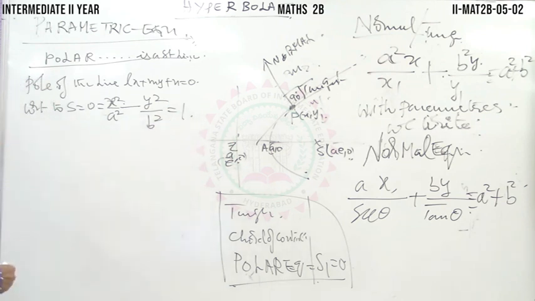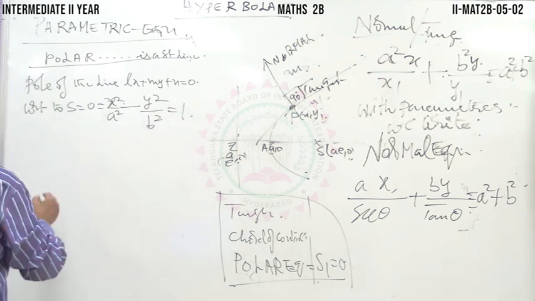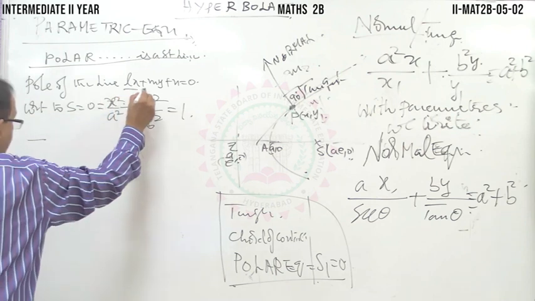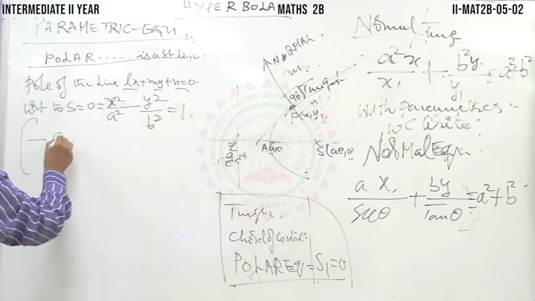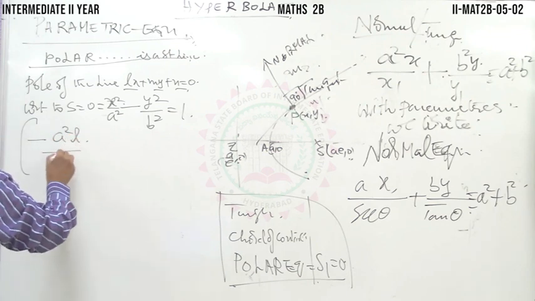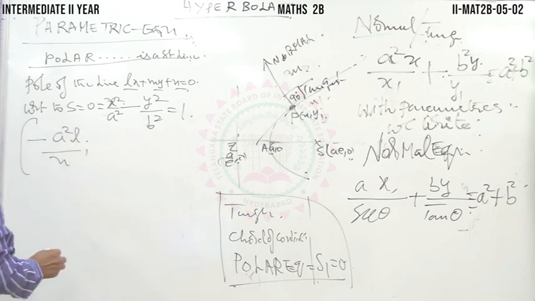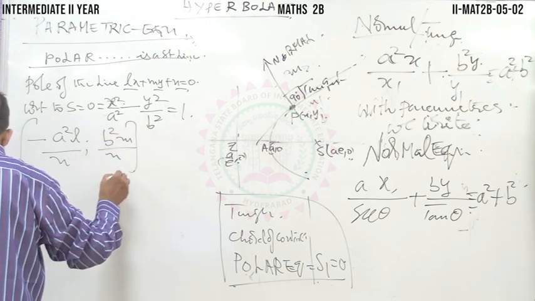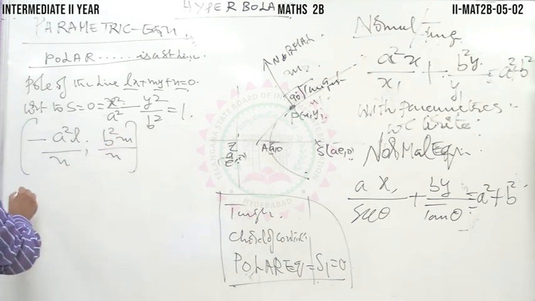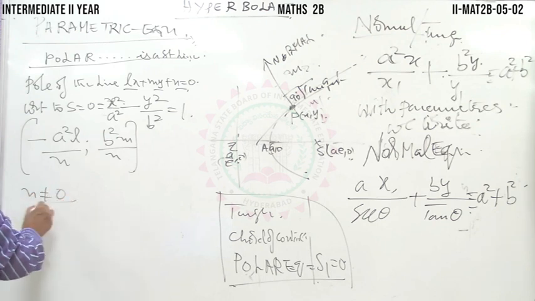To this hyperbola, the polar is known as, you can identify L, M, N, they are going to be useful with a negative sign: minus a square L by N, comma, b square M by N. So this will be the pole, and a basic condition is n should not be equal to 0.